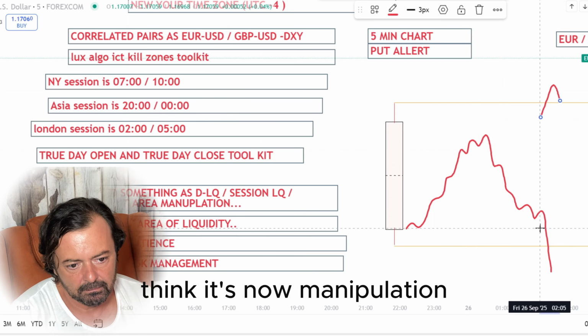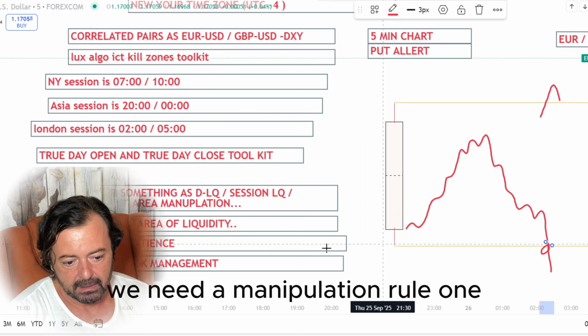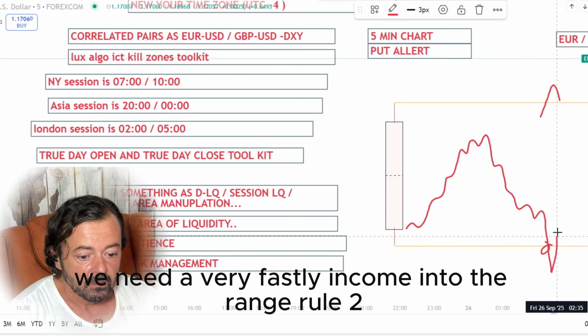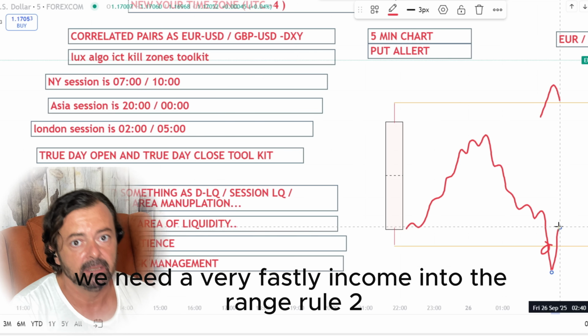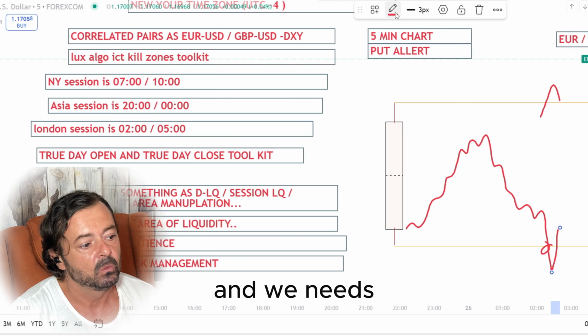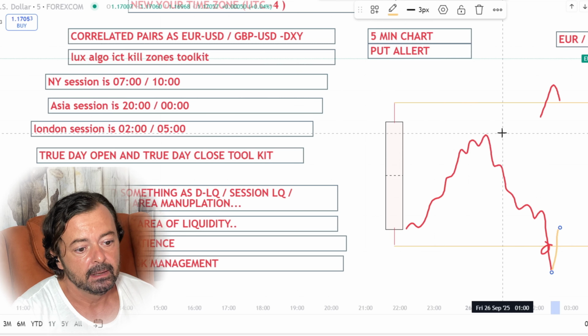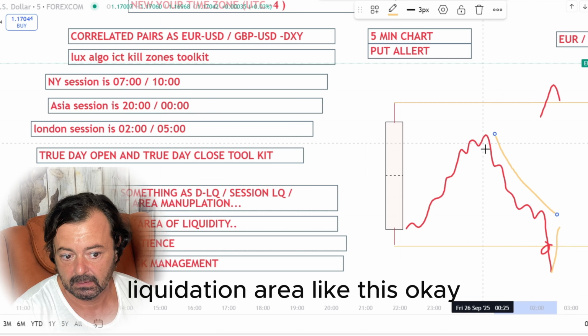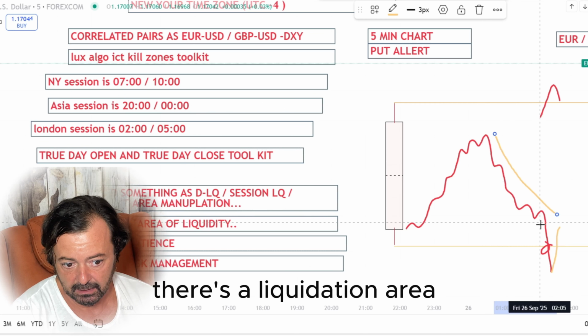We need a manipulation, rule 1. We need a very fast return into the range, rule 2. And we need a liquidity area like this.